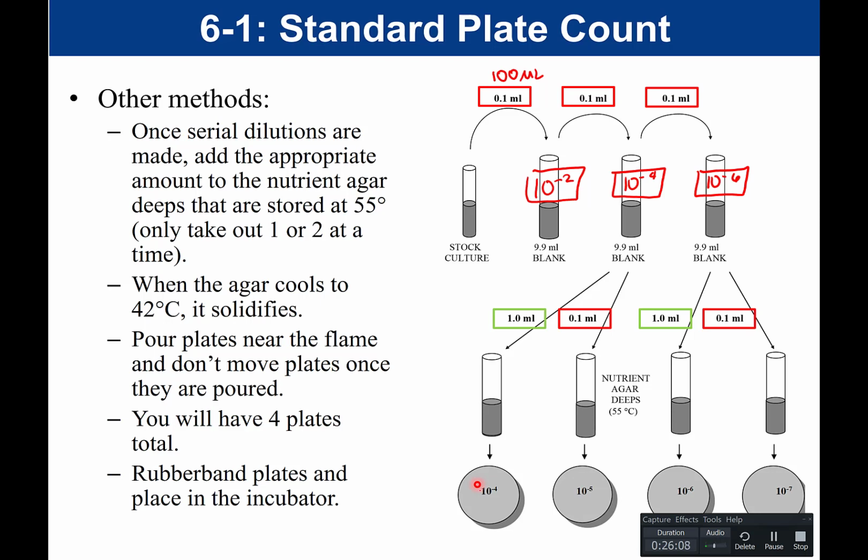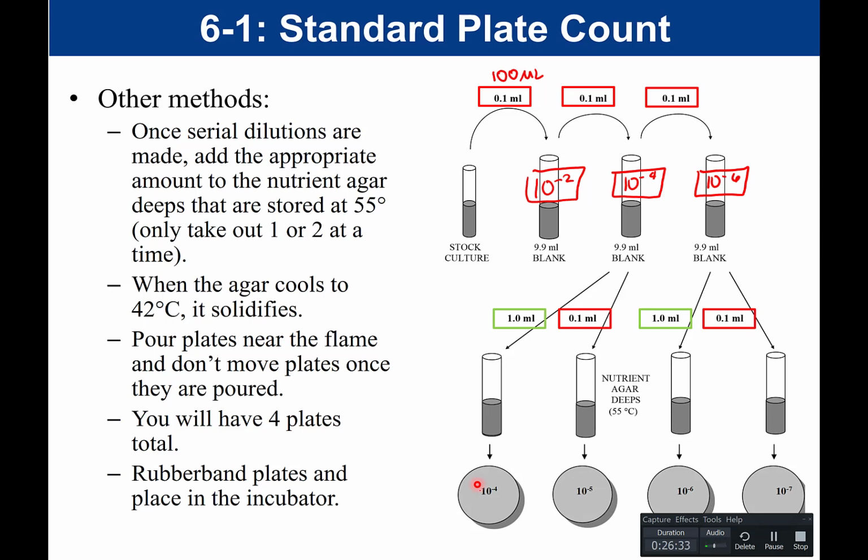You don't want to pour into the lid. So we would pour into the bottom part. So we would have to set up our plates around the flame. I would set them up in order: 10 to the negative 4, 10 to the negative 5, 10 to the negative 6, 10 to the negative 7. So I would label my plates.